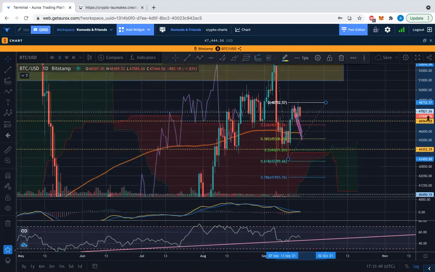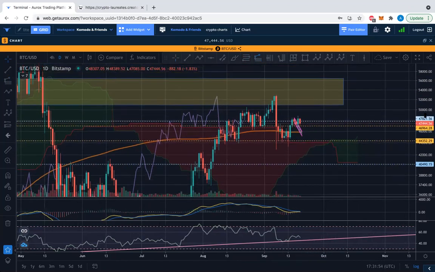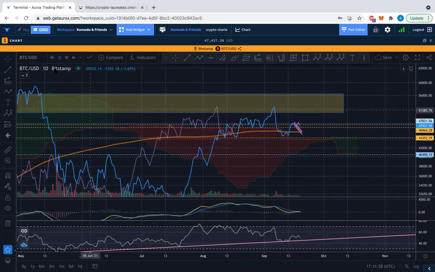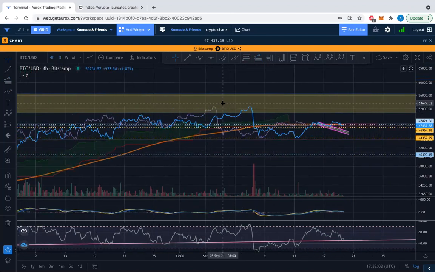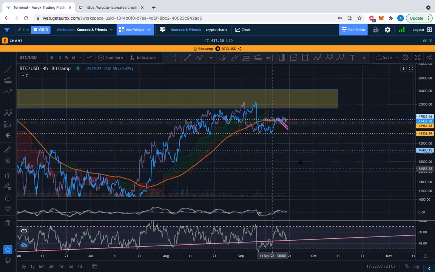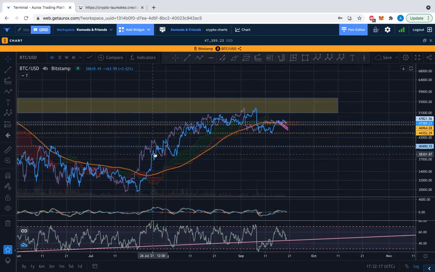But really, I don't see that at this point. It doesn't look like that kind of correction. In fact, when I pull it out onto the 4-hour, this type of move starts looking more similar to this type of move here, where this was very strong, and then it took its full retracement here.